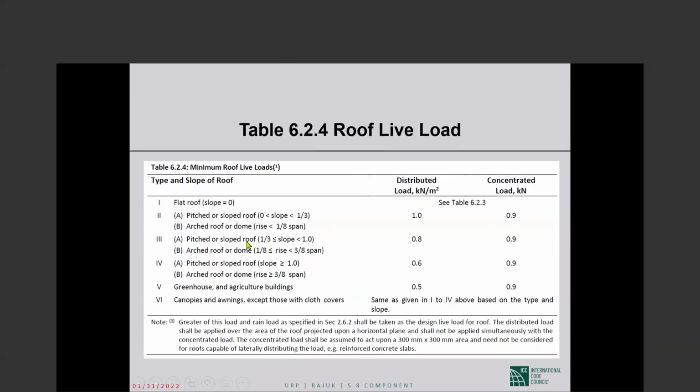Pitched or sloped roof, slope between a third and 1, it goes down to 0.8 kilonewton. Anyway, as the slope increases, the load goes down. So there is a reduction for roof slope in table 6.2.4. Same thing for arched or domed roofs.